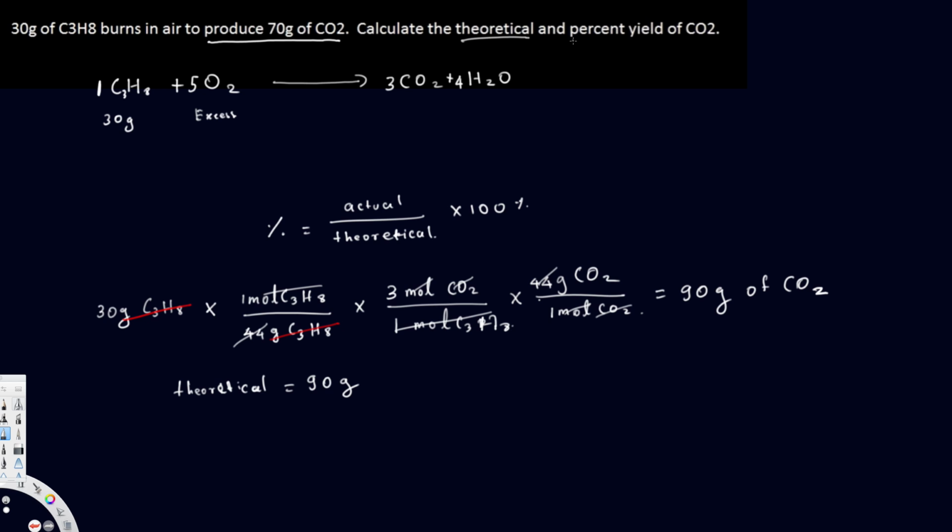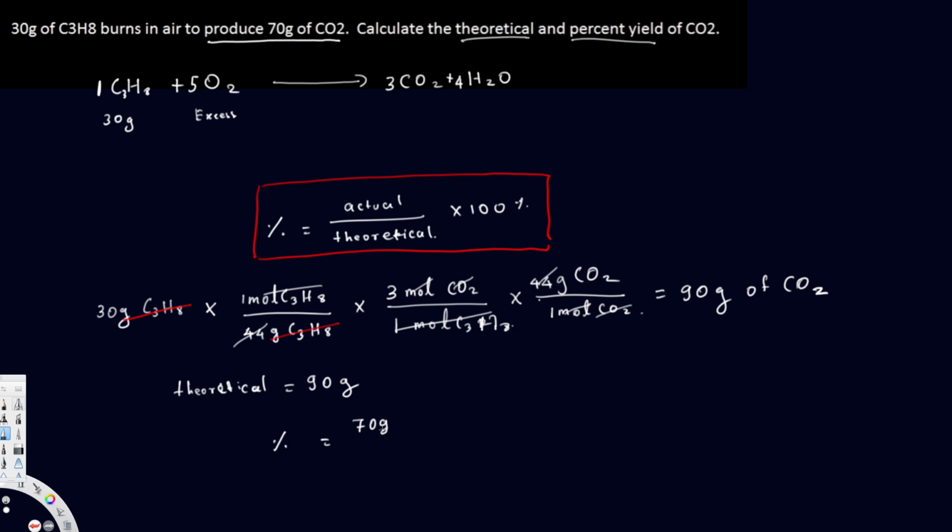Then also they are asking to find the percentage yield. To find the percentage yield, we are going to use this equation. Percentage yield is equal to actual over theoretical multiplied by 100. The actual is the information that is given, what is actually produced: 70 gram.